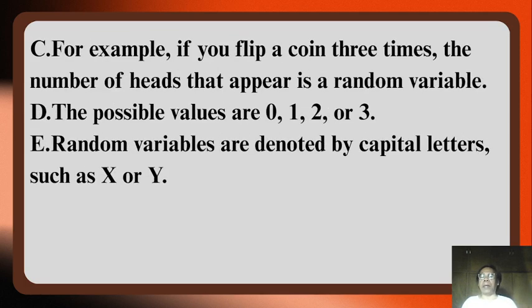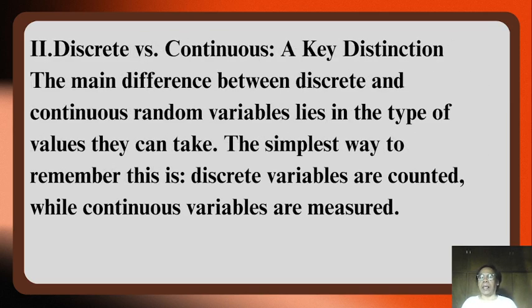For example, if you flip a coin 3 times, the number of heads that appear is a random variable. The possible values are 0, 1, 2, or 3. Random variables are denoted by capital letters such as capital letter X or capital letter Y.